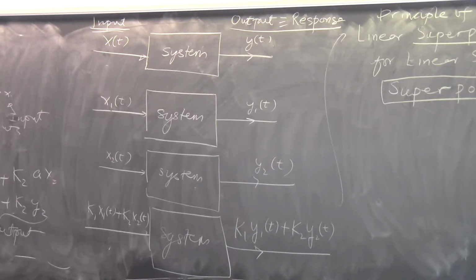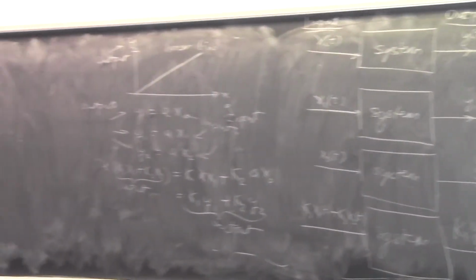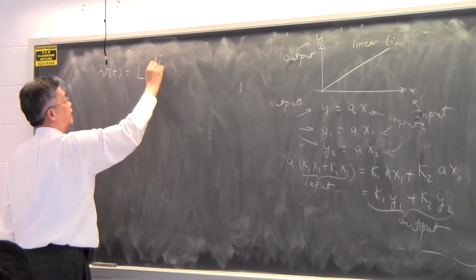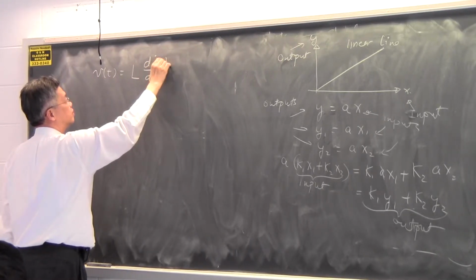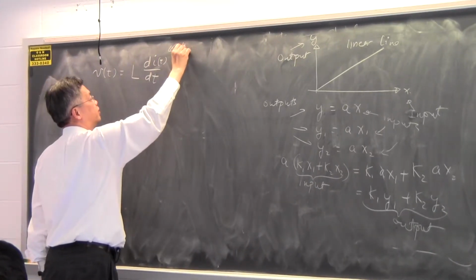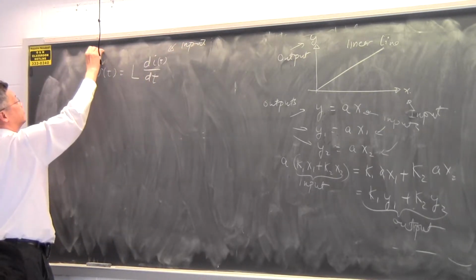So we have looked at different kinds of linear systems. For instance, we have a system where V(t) is L di/dt. We can think of this as the input and this as the output, or the response.